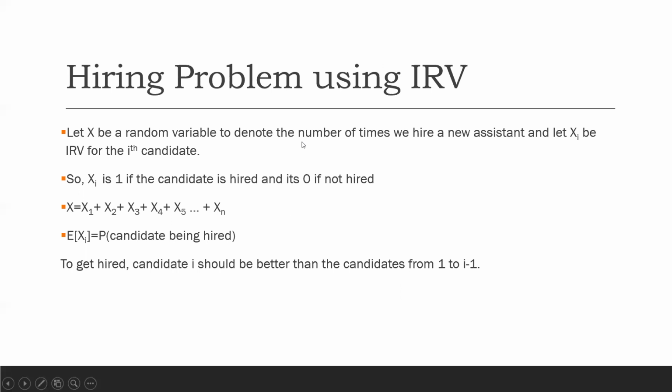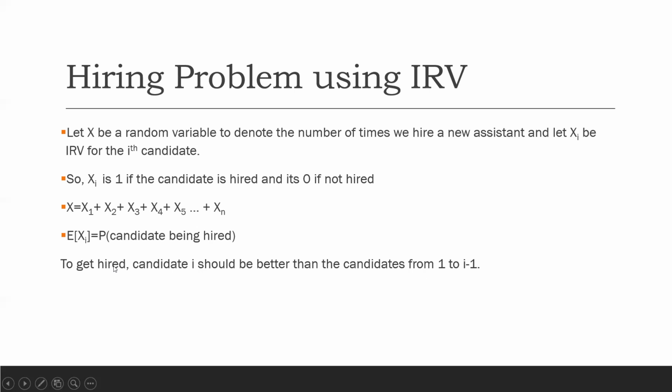So how do we solve the hiring problem using the IRV? Let's say X is a random variable to denote the number of times we hire a new assistant, and let Xi be the IRV for the ith candidate. So Xi is 1 if the candidate is hired, and 0 if not hired, as we had seen in the previous slide. So X, the total random variable, would equal X1 plus X2 plus X3, which will go up to Xn. The expectation of this event would be the probability of the candidate being hired.